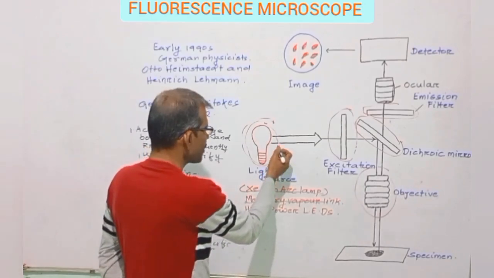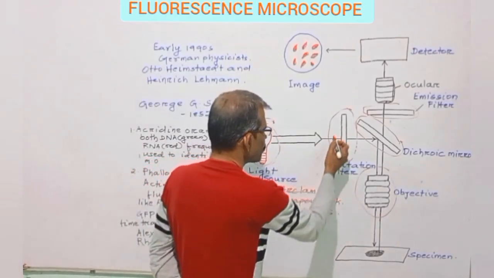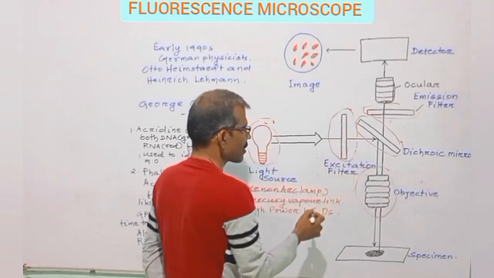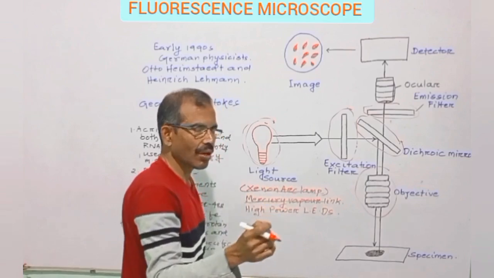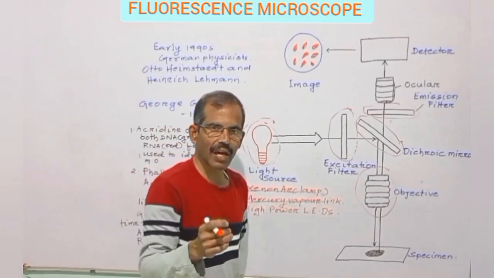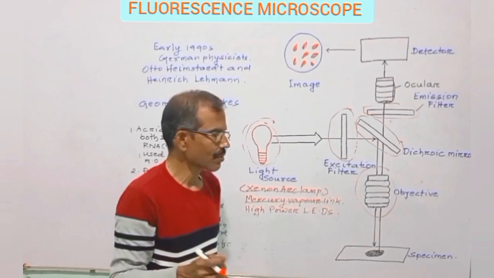The high intensity light transmitted by the source passes through an excitation filter. This filter allows the passage of only short wavelength light, which is required to excite the fluorophore.